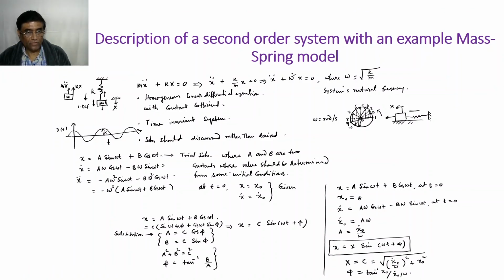This is actually your phi. That is the phase, and you see the initial at t equal to 0, it was at x0, so all kind of things.